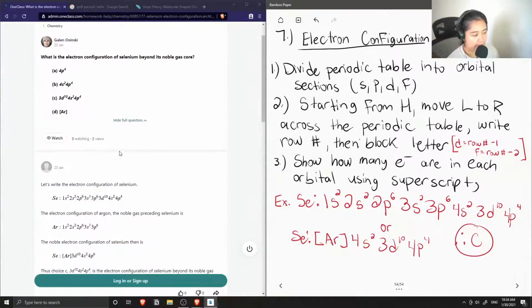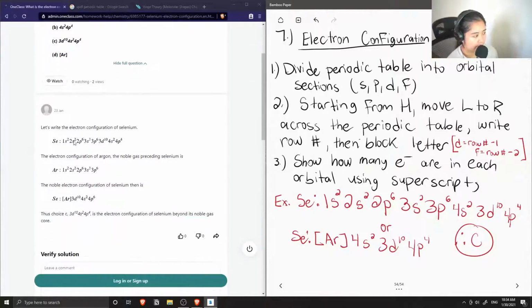Okay, so let's see what the junior tutor said. Let's write the electron configuration of selenium. They have 1s2, 2s2, 2p6, 3s3. I think they mean 3s2, 3p6, 3d10, yeah, 4s2, and then 4p4.